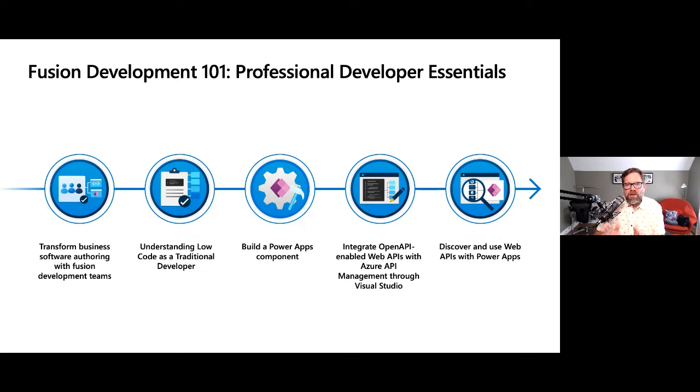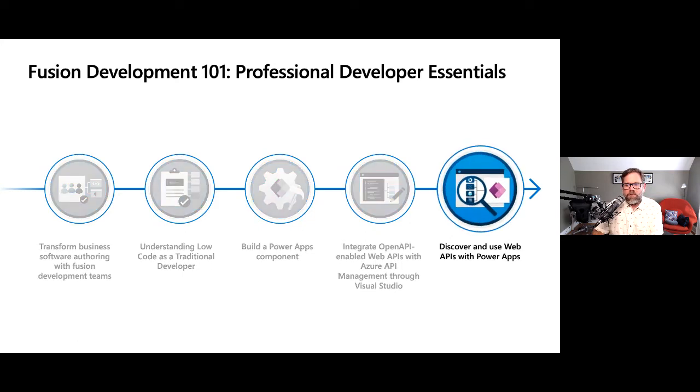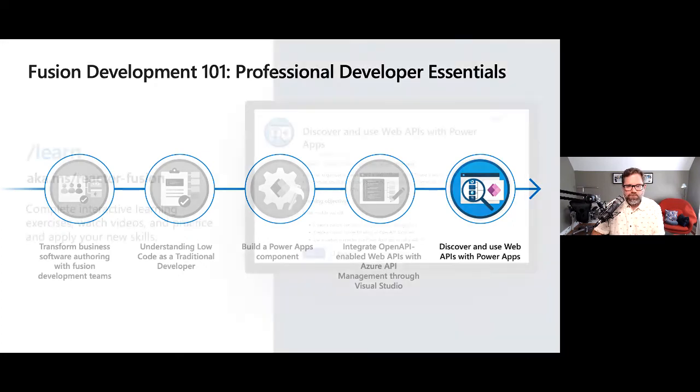But this one is geared right for Fusion development, or the intersection of professional developers and citizen developers creating web APIs for use in Power Apps. And so that's what we're going to be talking about today, discovering and using web APIs with Power Apps.